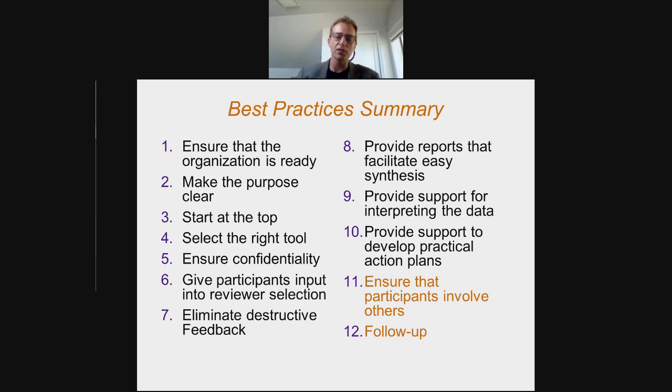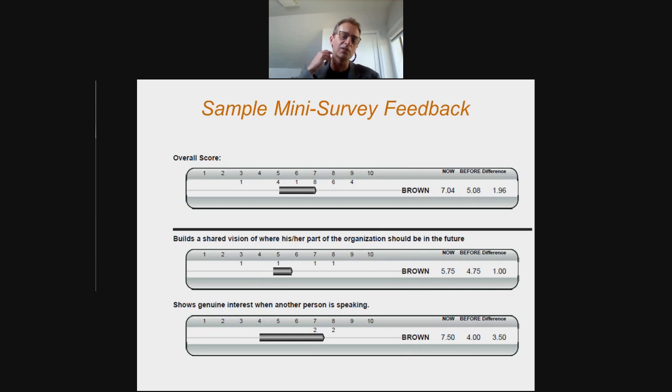We often use this process in leadership development called a mini survey, which is not a 360. What it is, when someone decides on a development goal, we ask them to nominate the behaviors they're going to be working on and a set of people that are going to act as their observers and rate them X months from now on how they did.